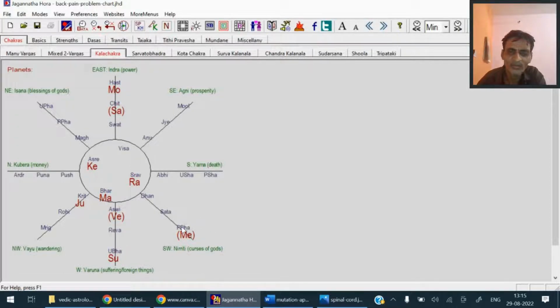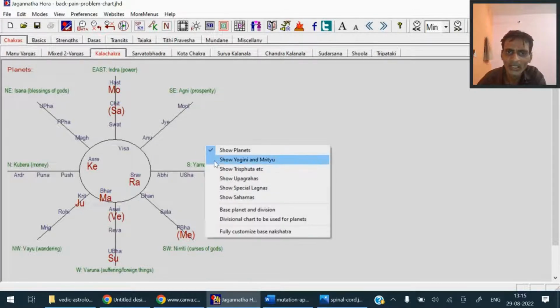So Mercury becomes malefic. It simply means if Moon is placed in Hasta in the eighth house, then Mercury becomes a malefic for the person. And Mercury is again the natural significator of the sixth house. So this is also indicating a problem of the sixth house, back problem.